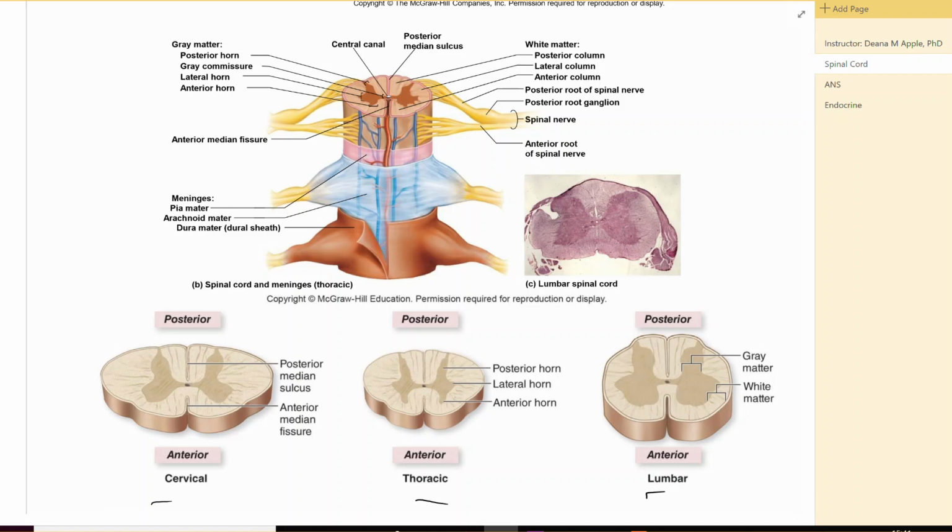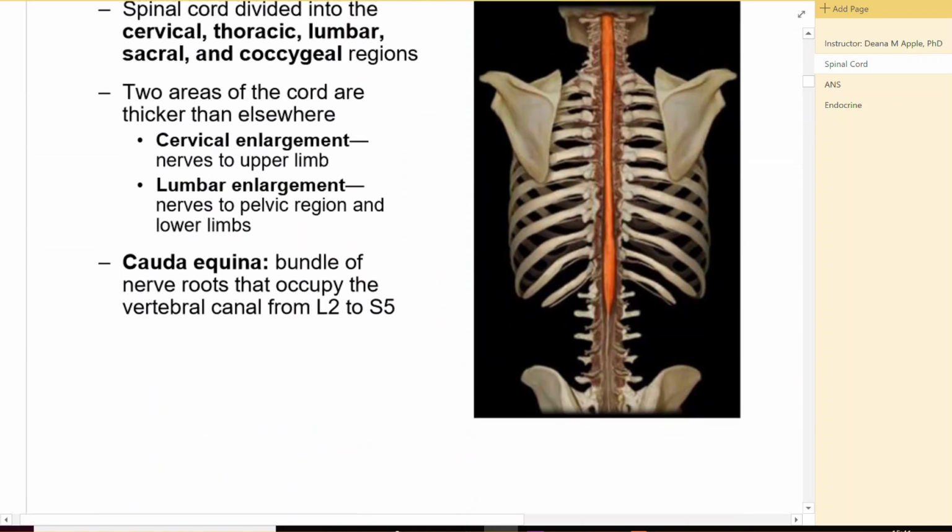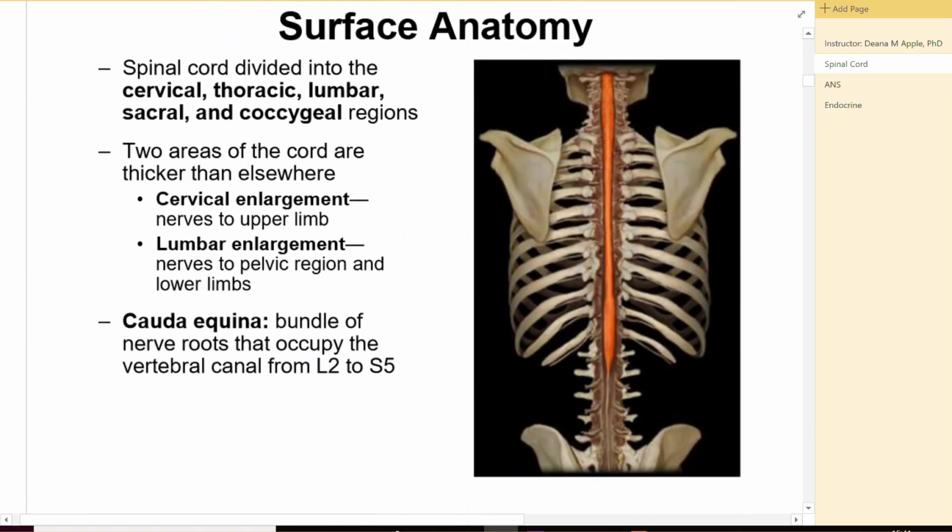Dura, pia, and arachnoid. What do we call those together? The meninges. Yes. This is the meninges, all the way down. Keep that in mind as we're working. Yes, that's exactly where meningitis comes from. Meningitis is an infection inside the meninges. It sucks.